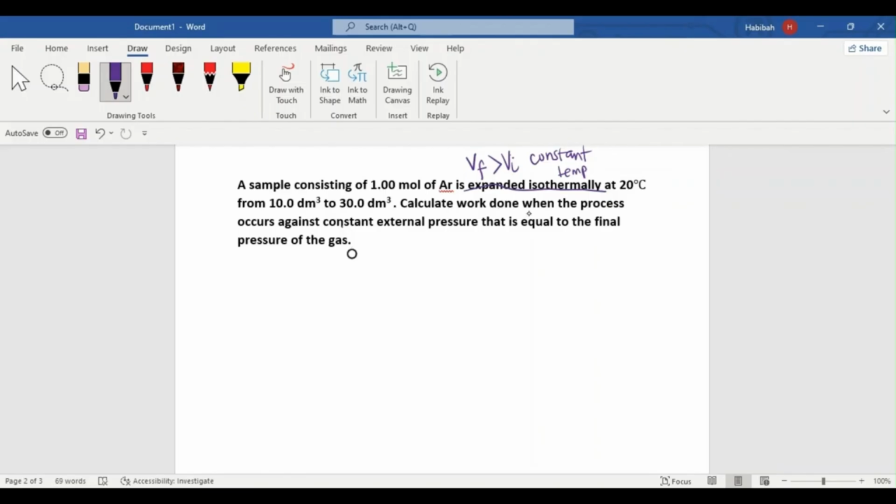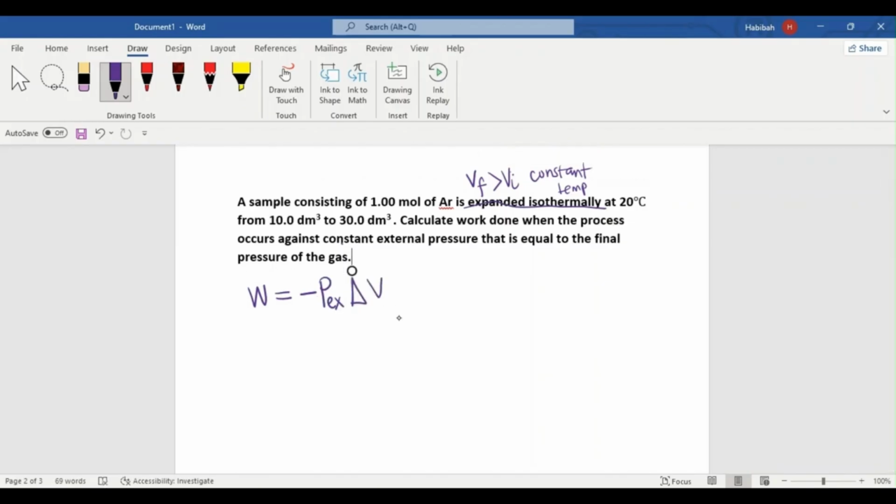Calculate the work done when the process occurs against constant external pressure that is equal to the final pressure of the gas. So one thing you have to know is that whenever you're given a constant external pressure question and you're told to calculate work, what this means is that work equals negative P, the external pressure, times change in volume.